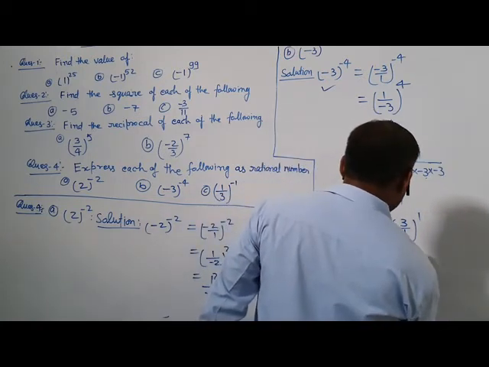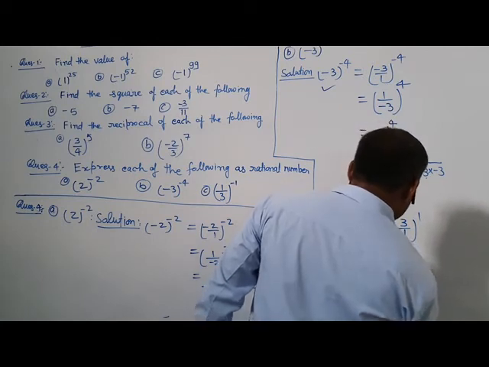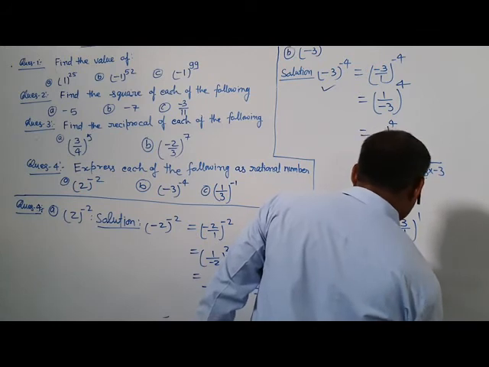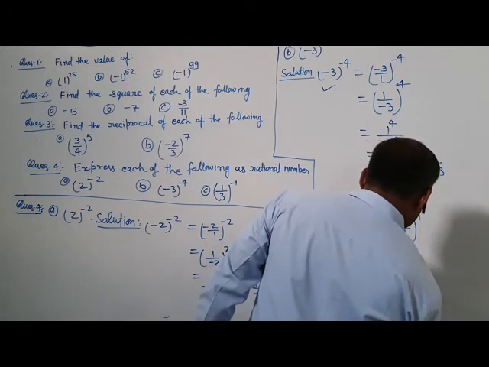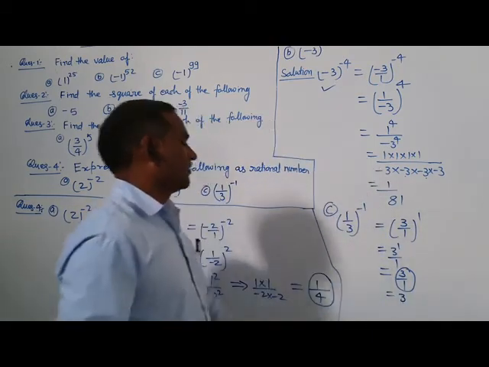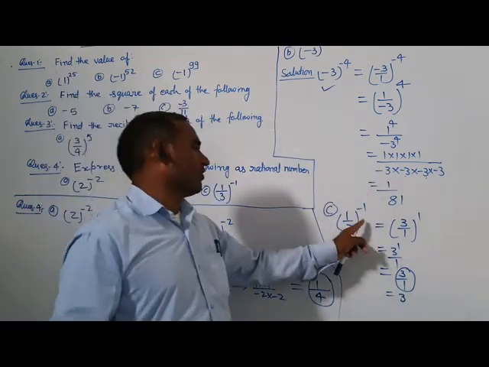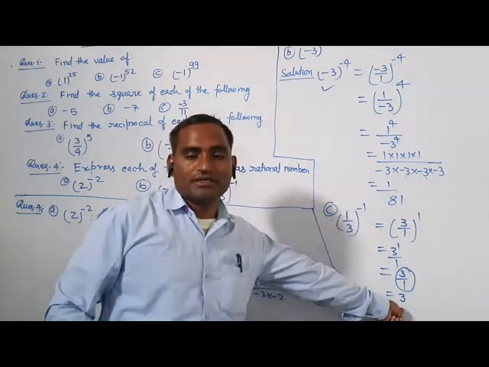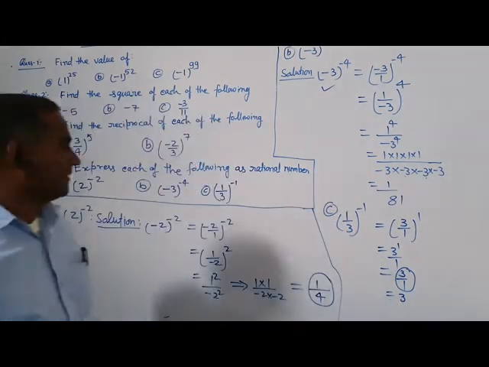Open: 3 one times is 3, 1 one times is 1, so 3 by 1, or 3. This is a rational number. The value of 1 by 3 whole raised to the power minus 1 will be 3. This is a rational number.